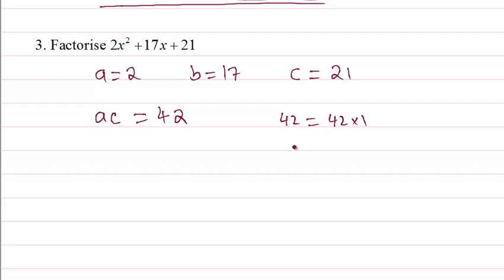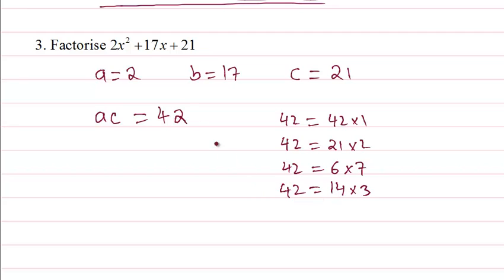These numbers don't add up to 17. 42 also can be 21 times 2. These two don't add up to 17. But 42 can also be written as 6 times 7, and these two add up to 13, so that's not right either. Or we can have 14 times 3, and these two add up to 17.